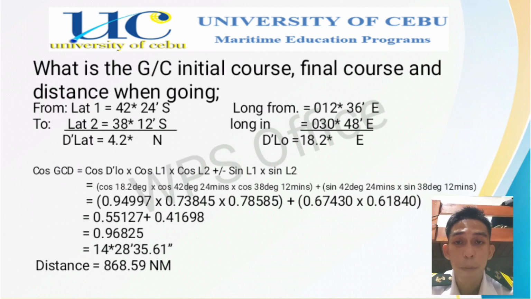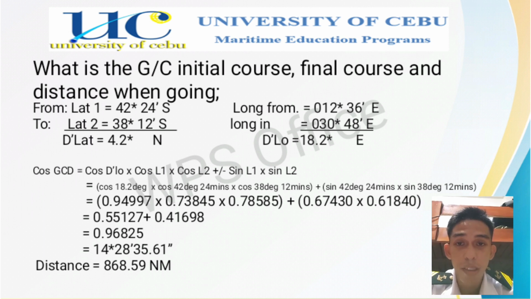So we must multiply the numbers in the parentheses: 0.94997 times 0.73845 times 0.78585.